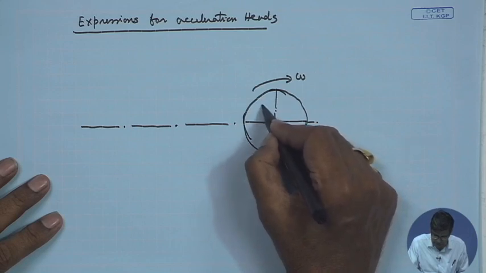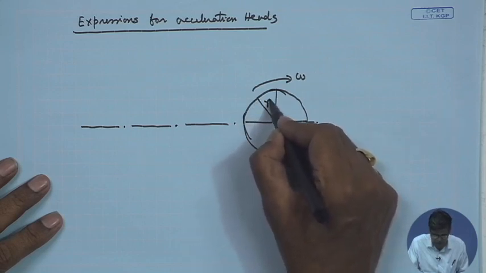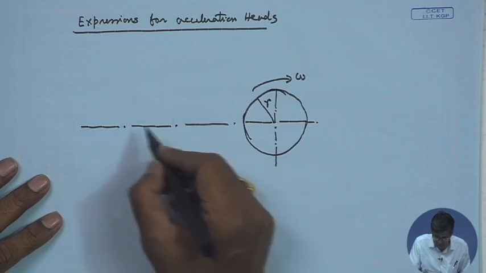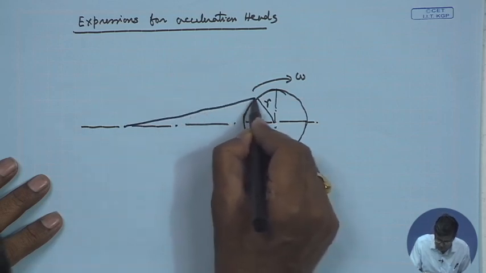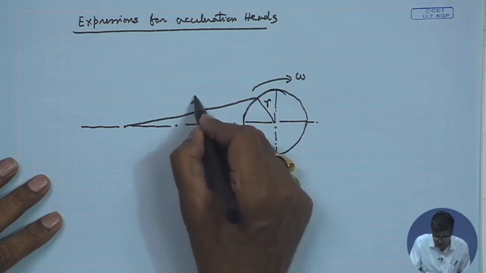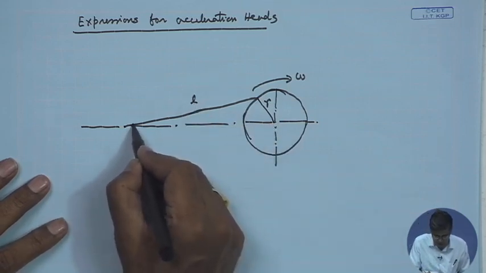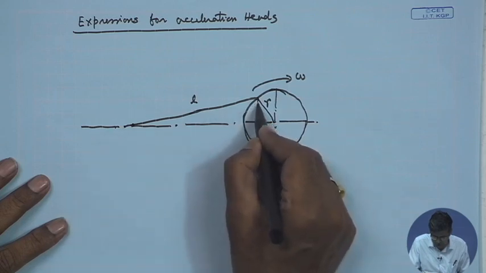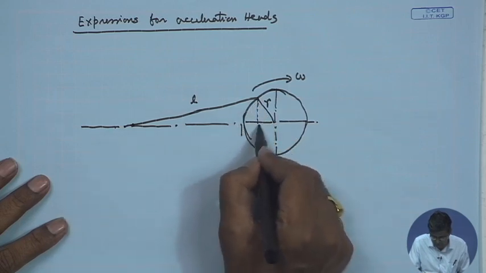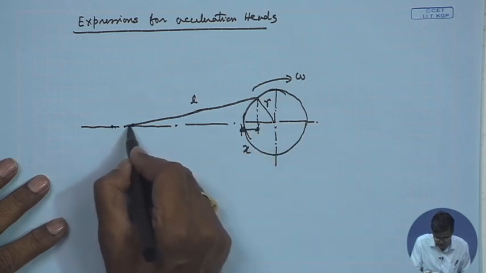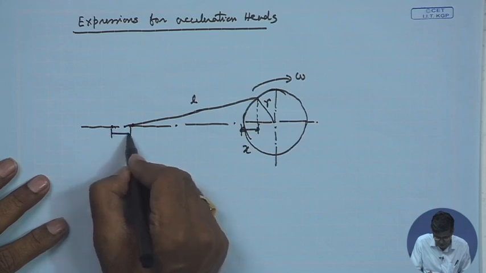Let this be the crank of radius r, and let this be the connecting rod, which is sufficiently long, L. Let this be x, and similarly this is x.